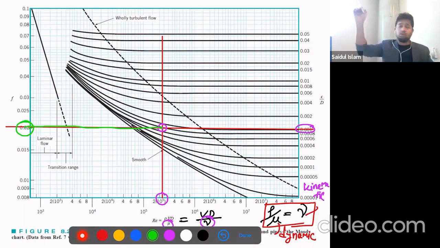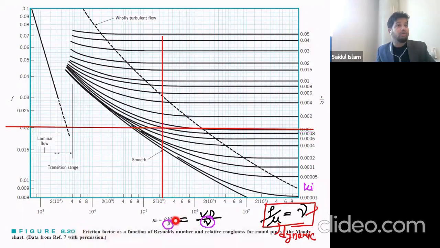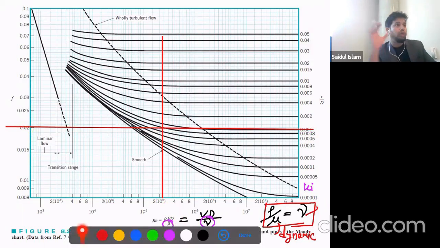Now, in the question we are going to solve, we only know epsilon over d, but we don't know the Reynolds number. Then what will we do, guys? Just concentrate. We know only epsilon over d. We don't know the Reynolds number. That means we will not get f directly, but we need to solve this problem. So we will make some assumptions here.